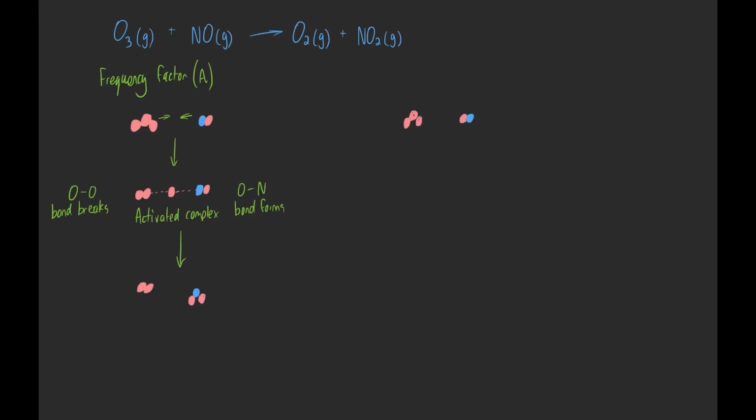So in this case, what we have is that the oxygen side is approaching first, and we don't get any reaction here. We don't have the ability to form this activated complex, and so there's actually no reaction here. So this reaction will only happen when our molecules are approaching in this very particular configuration.